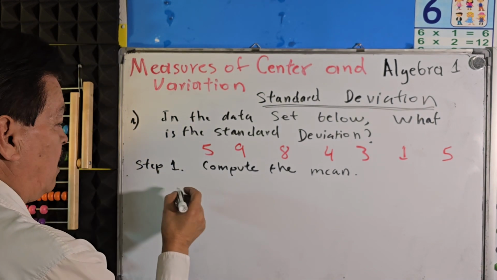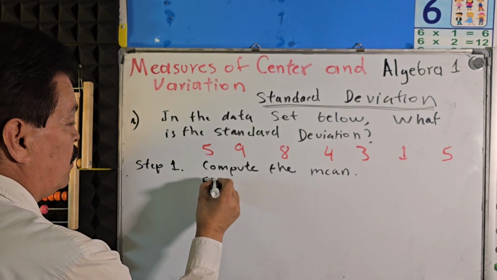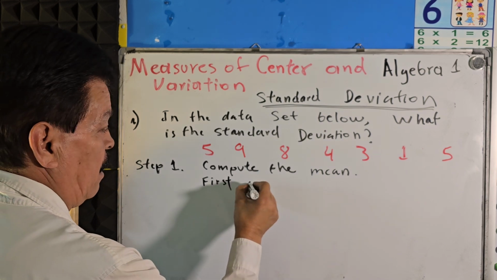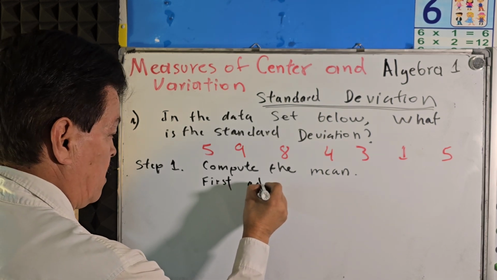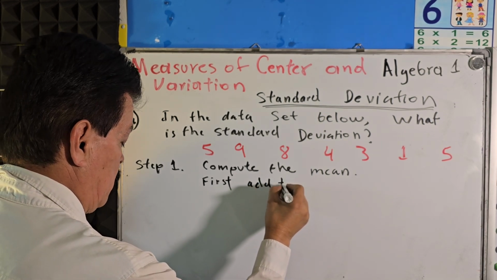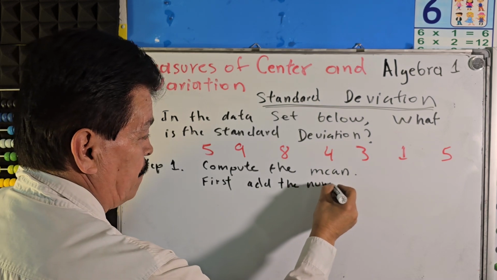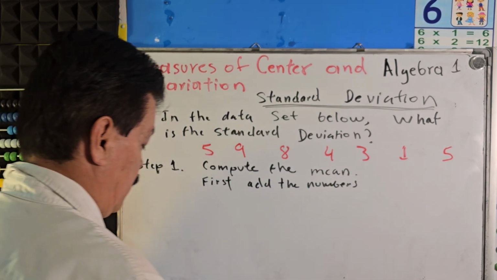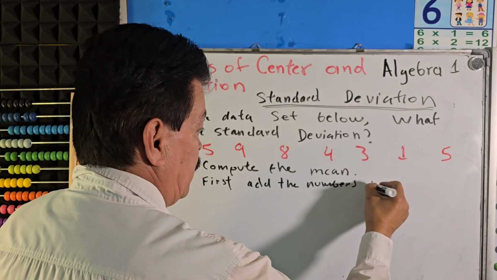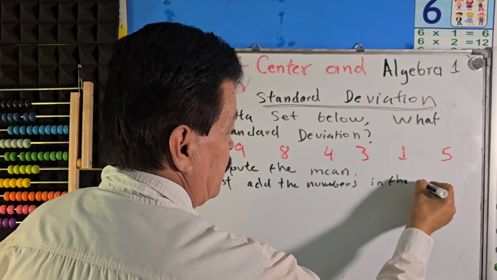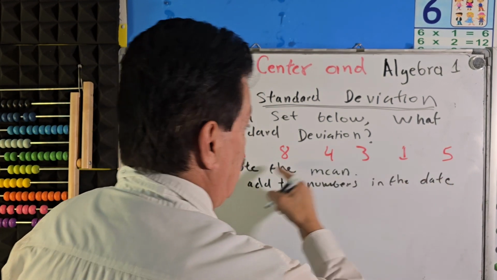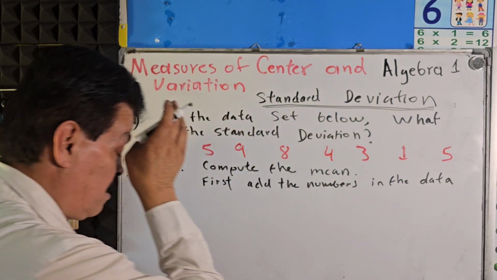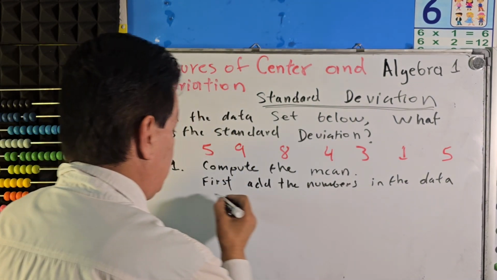To do this, first add the numbers. We have to add all the numbers in the data. Look at the data, sum them together.